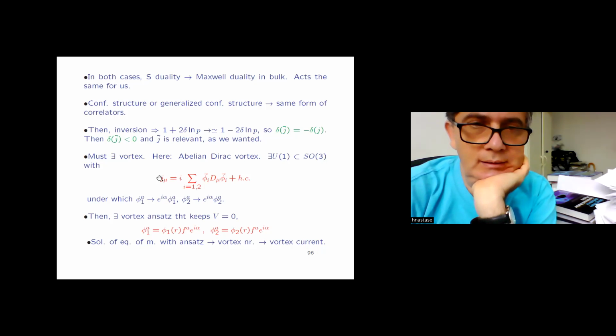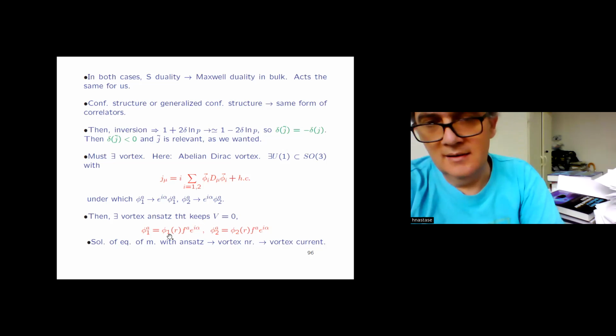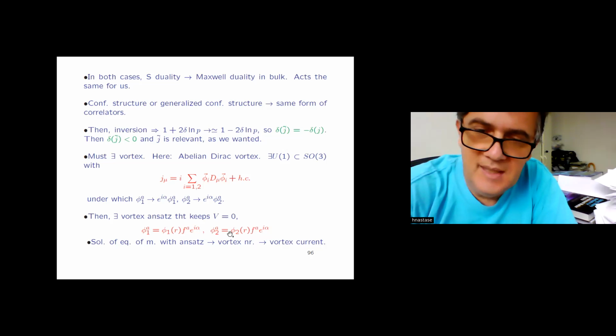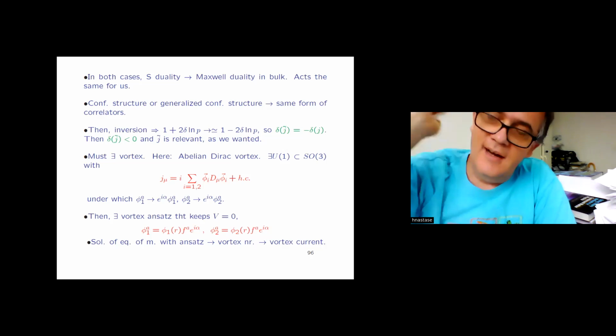And indeed it has. I've checked an ansatz that keeps the potential zero, and on this ansatz, we obtain a Dirac vortex solution, which means a point-like vortex with a singularity.